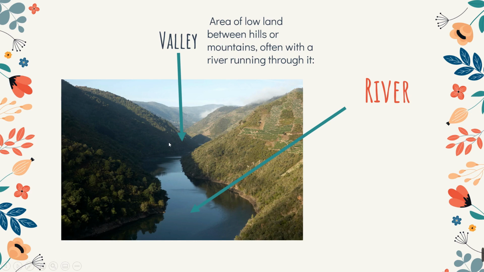Y cuando hay dos montañas o dos cerros, entre medio de esos dos cerros o montañas hay un área de tierra plana, o sea, de tierra que no está elevada. Eso es valley. Okay? And in this case we have a river running through the valley.